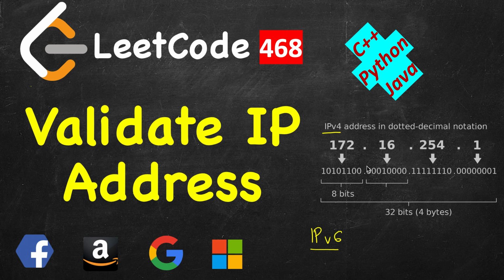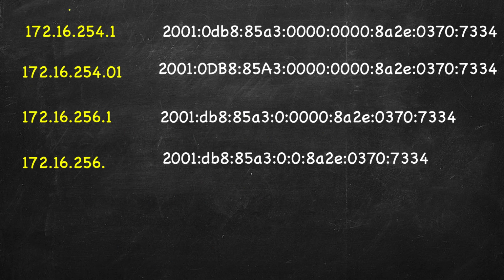Now let's see the definition of IPv4 and IPv6 IP addresses, and which of them are valid and which of them are invalid. So here I have written the v4 version of IP address and v6. These two, the first ones are valid.